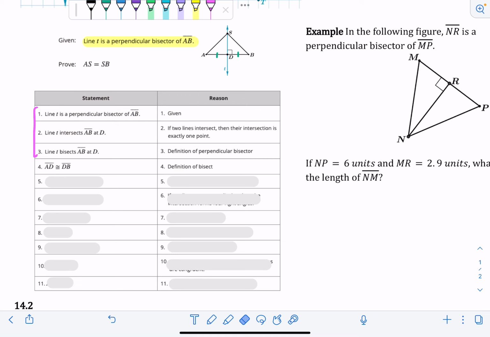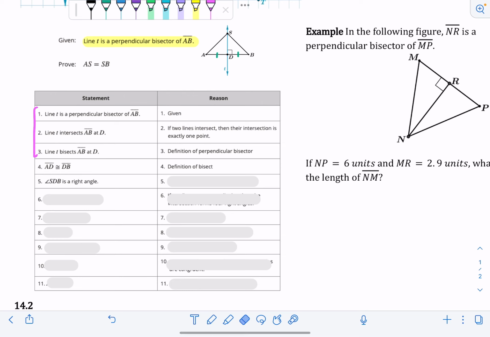Okay, so for number 5 now. We've established that the segments are congruent. We also have a way of establishing what this angle is and also this angle. Because it's a perpendicular bisector, that was given to us, we can state that we know what those angles are.